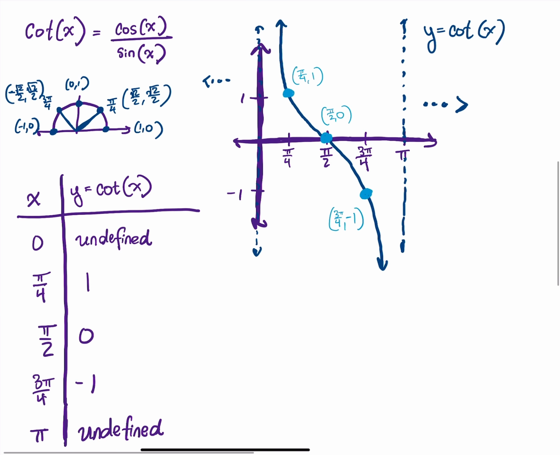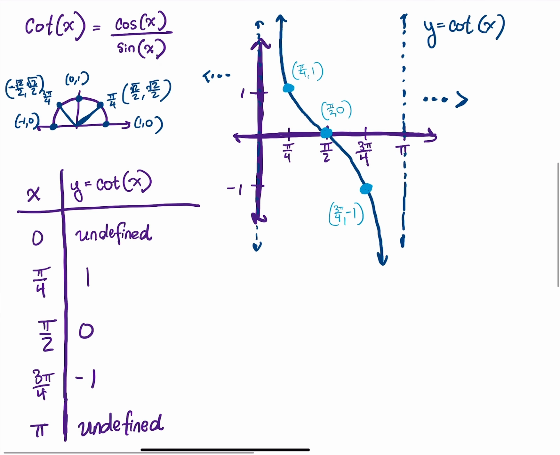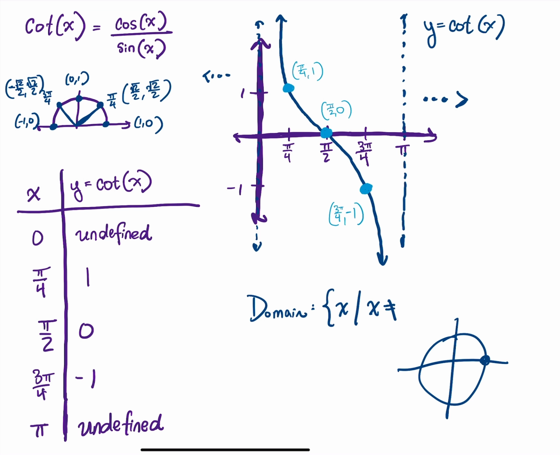This will also have a restricted domain. So let's say everything except for where our asymptotes live. We can build a similar statement. So it'll be the set of all values x such that x is not equal to what? So we don't want asymptotes wherever, this time, wherever the sine is equal to 0. Well, the sine is equal to 0 on the unit circle on this axis.